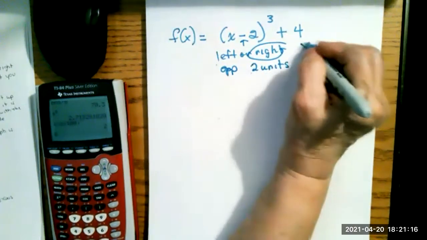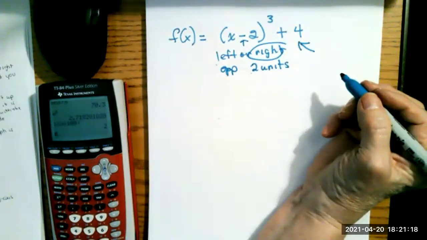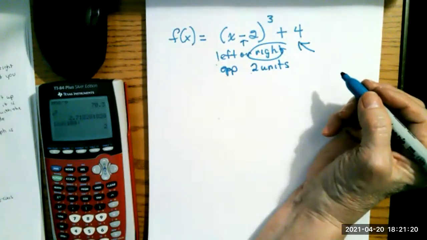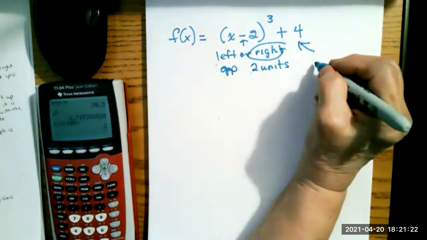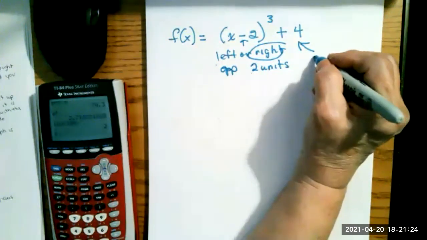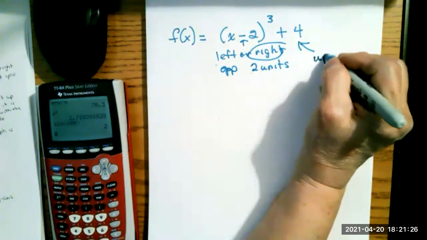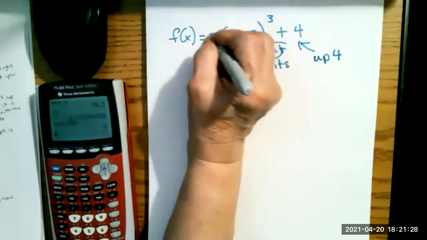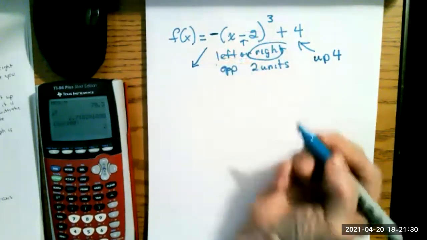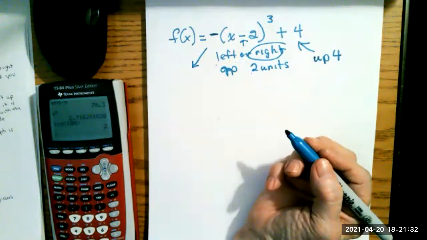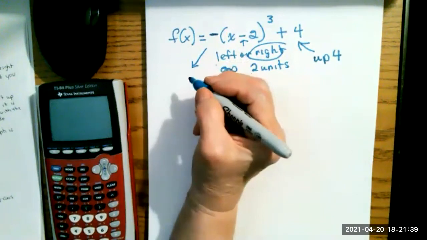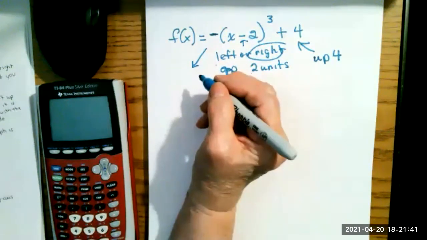What if it's outside? What does it do if it's outside? Up and down. And this one is? Up 4. What if I put a minus in the front of this thing? What does it do? It frowns. Well, this is a cubic, so it's going to do more than frown.